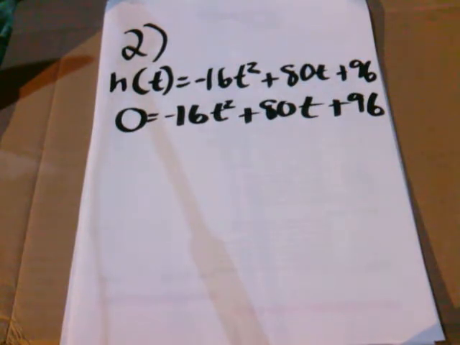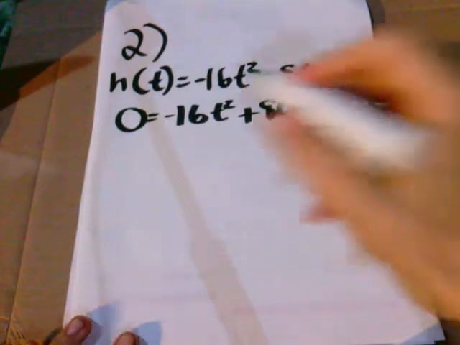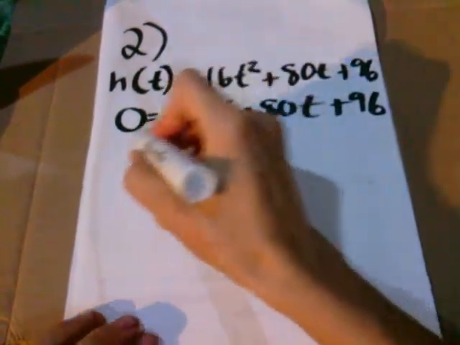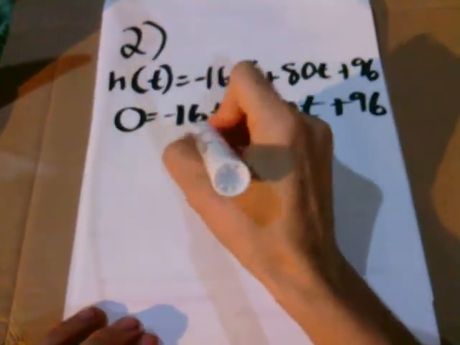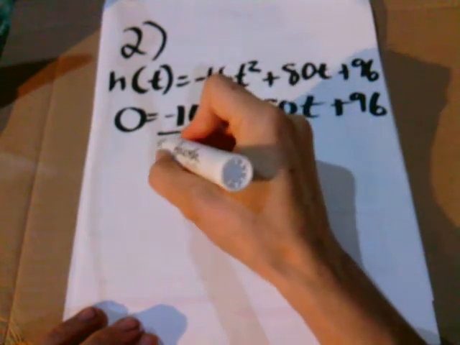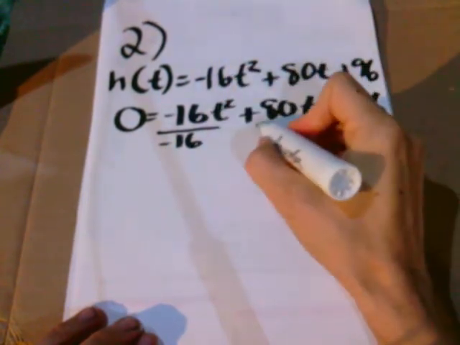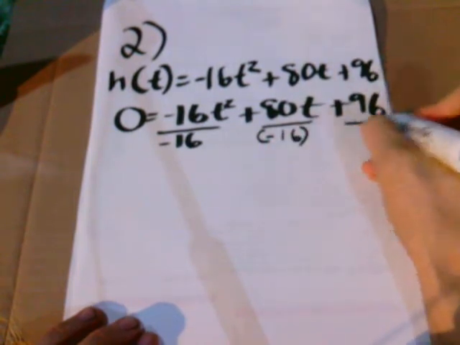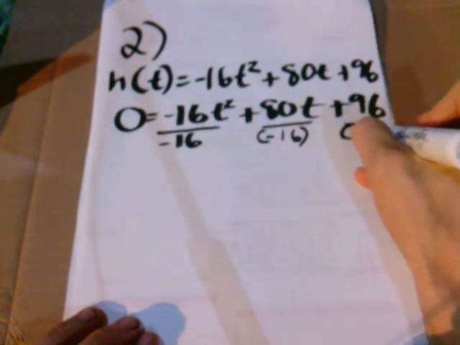So in order to make this problem simpler, we are going to divide everything by -16. So I'm going to go divided by -16, divided by -16, and divided by -16.